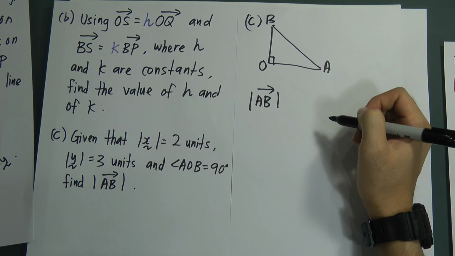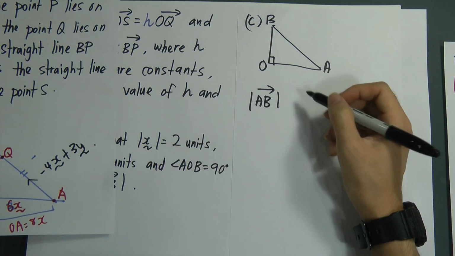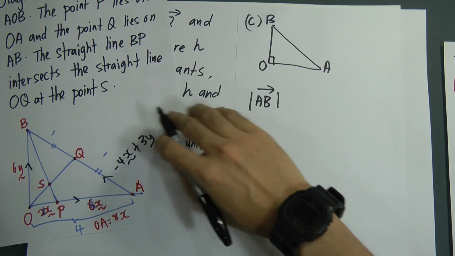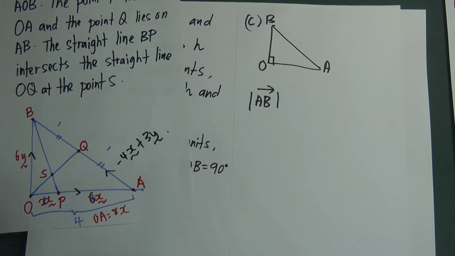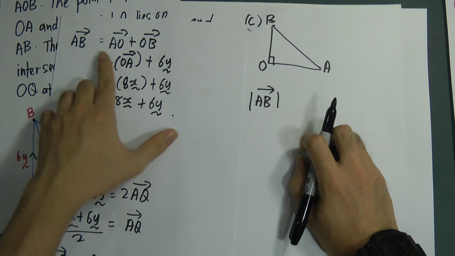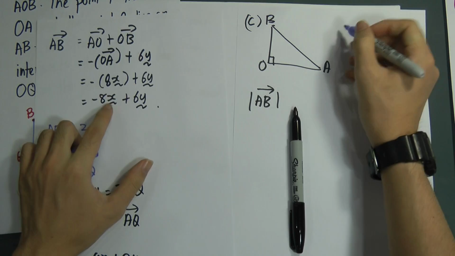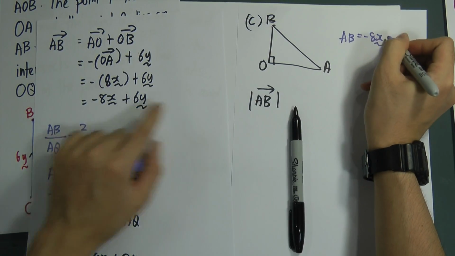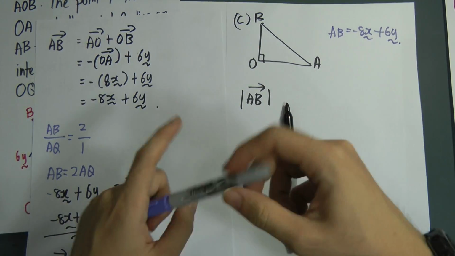So before we start to find this one, of course we have to find what is the AB. Actually we found AB just now. AB is equal to negative 8x plus 6y. Correct or not?